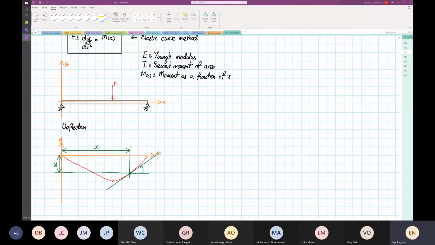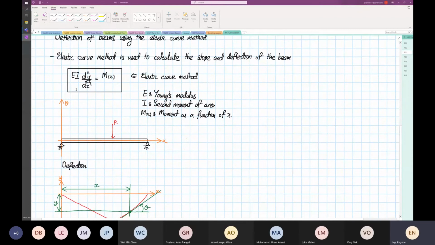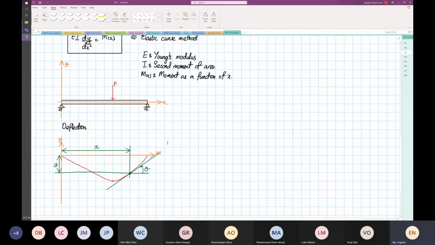Anti-clockwise from here, that is the slope. So this diagram is how the deformation pattern will look by obeying the elastic curve equation, and by obeying this equation, we have to know this configuration.